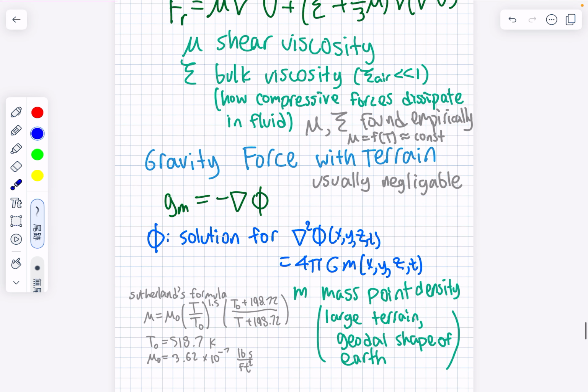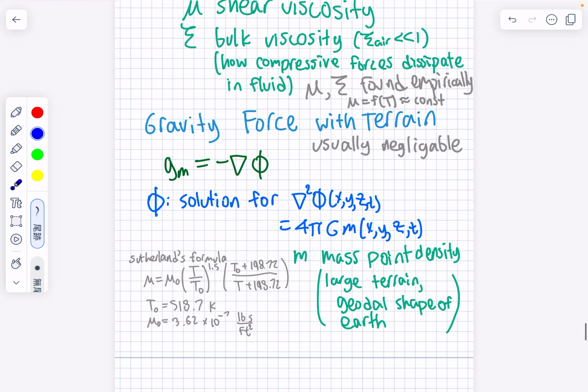I think another thing is this bulk viscosity term is very hard to calculate as well. And additionally, for the gravity force, we've assumed that gravity is constant everywhere on Earth. This is usually negligible, but there is an effect of terrain. If you're at the bottom of the ocean by one of these absolutely gigantic mountains underwater, some of them actually have higher gravity. But the amount of higher gravity is like 0.000-something, it's decimal points down.